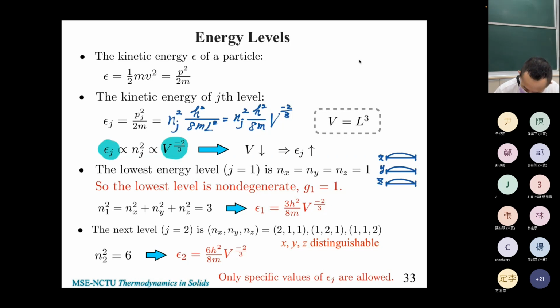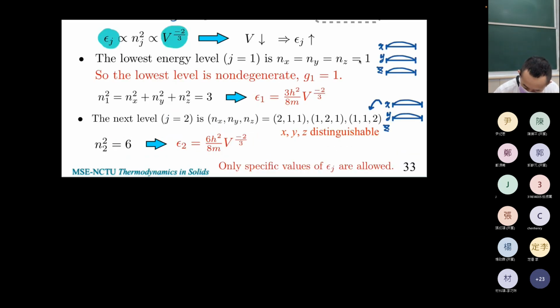So you can see that for this one, X and Y are in one with one antinode, but the second will have two. Oh, can I do that? Okay. That's weird. Okay, anyway.